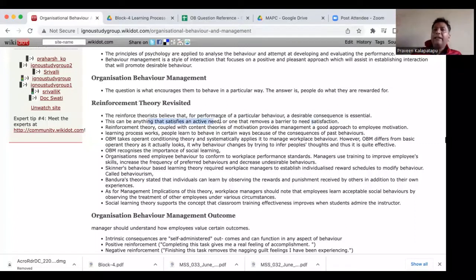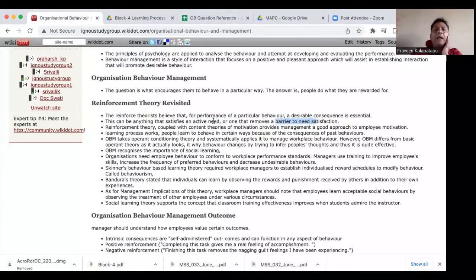It is anything that satisfies an active need or removes a barrier to need satisfaction. So it could be an active need that is satisfied, or the removal of a barrier. We talked about positive reinforcement and negative reinforcement, right? So this is active need satisfaction and removing a barrier to satisfy a need.